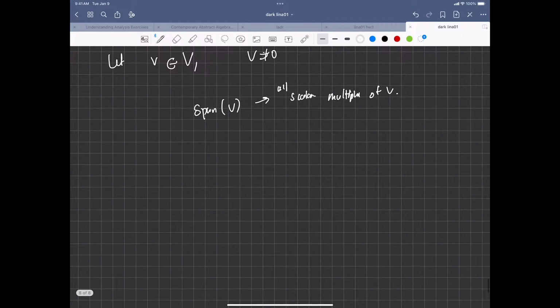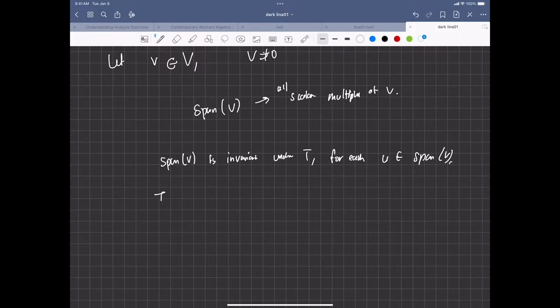And it turns out that if the span of v is invariant under T, that means for each vector u in the span of v, T of u is also in the span of v.